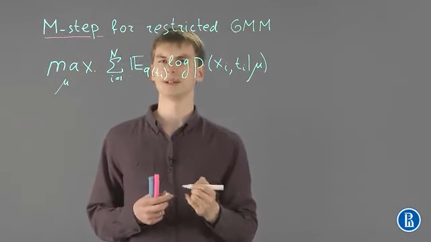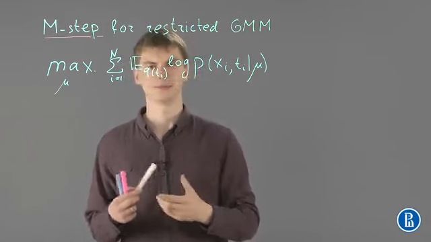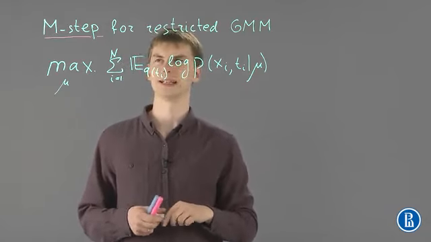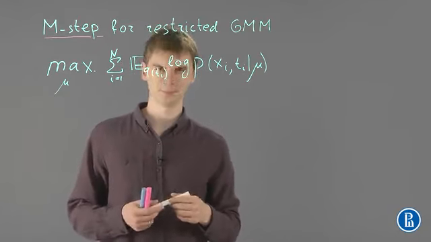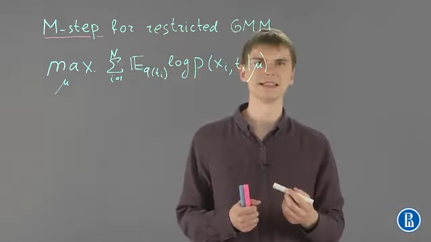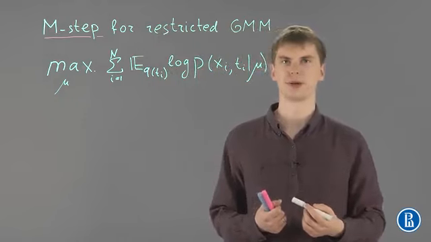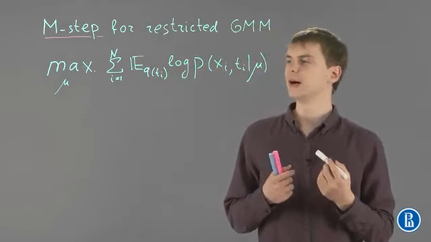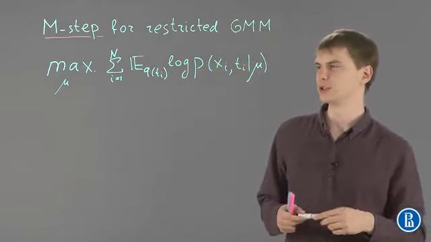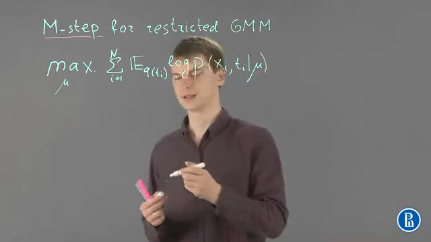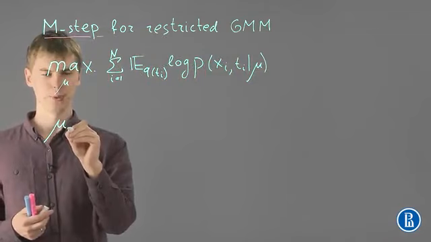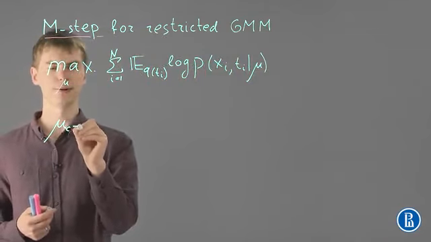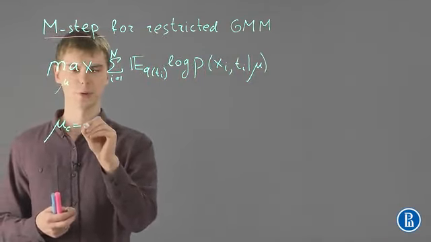So we can maximize this thing explicitly by finding its derivative and setting it to 0. But recall that in the previous video we maximized the same expression for Gaussian mixture model. So we can now reuse the results from that video in this one. So recall that the optimal parameter for mu number c, for example, was the following one.